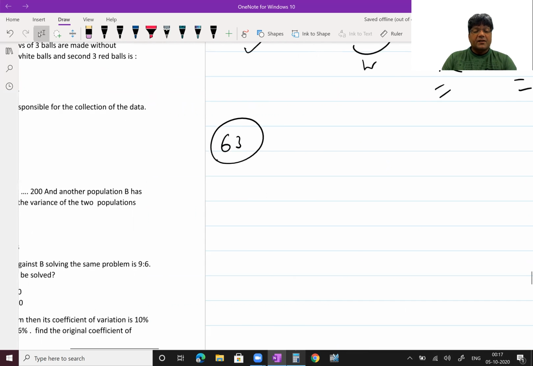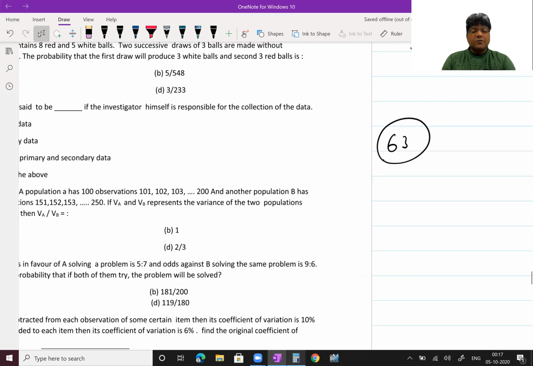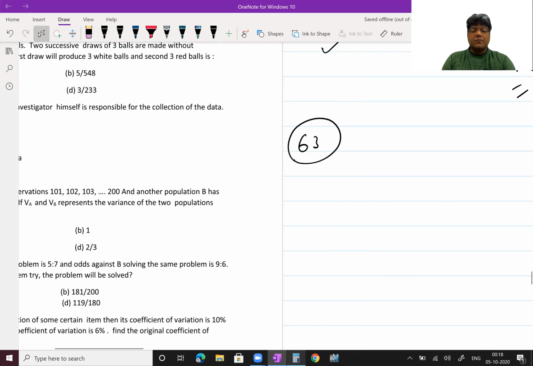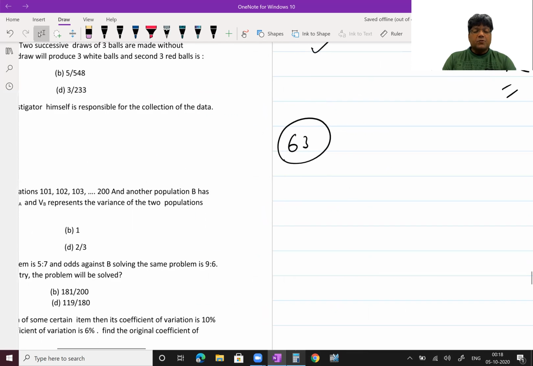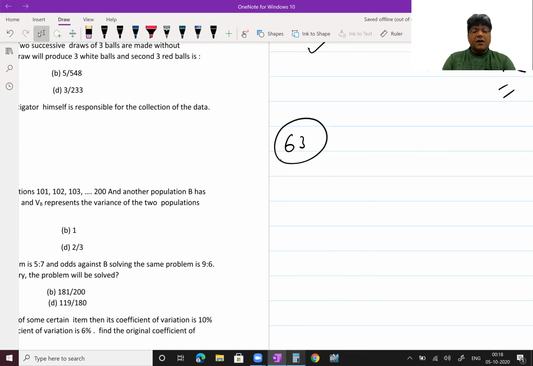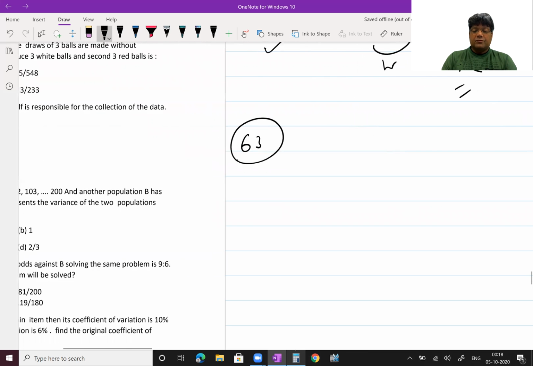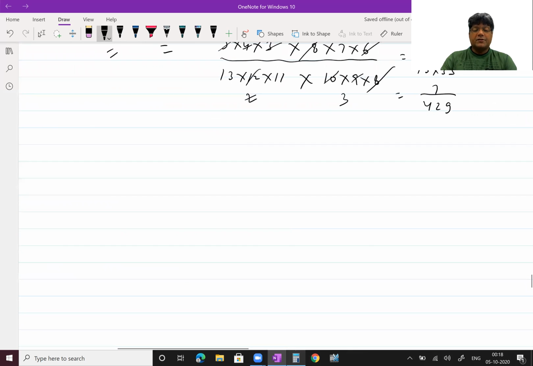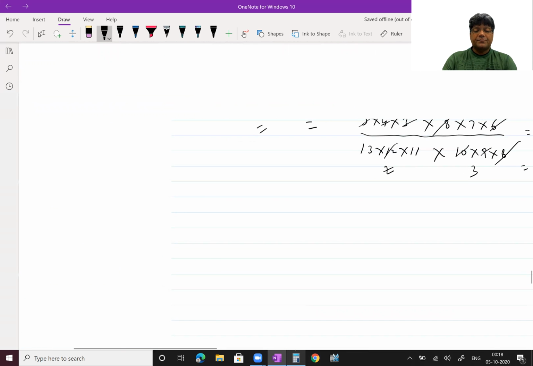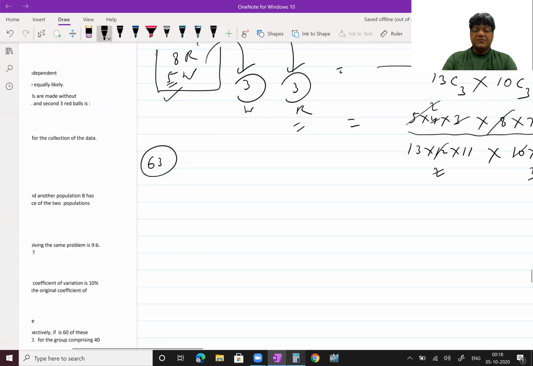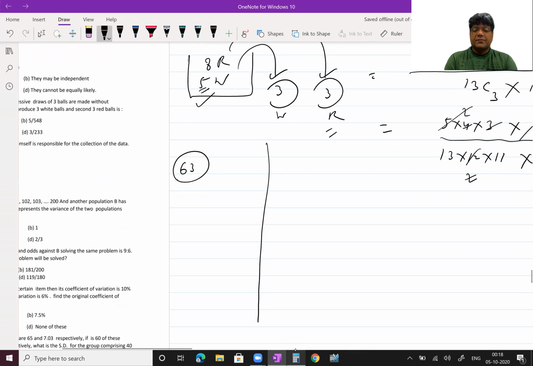Look here: 101 to 200. Suppose this set of variables I will name as X. You understand this way. See, this is a column.